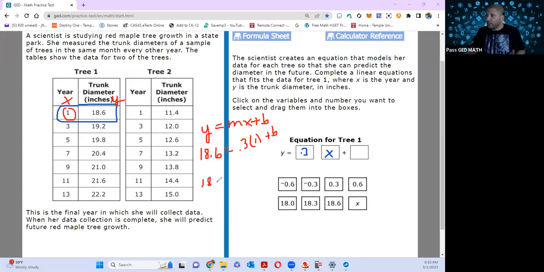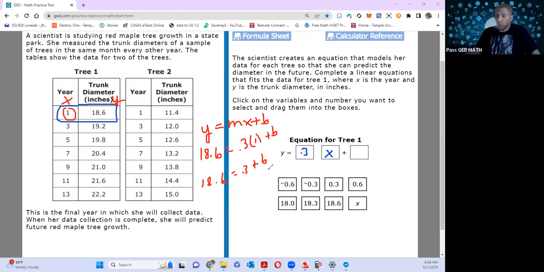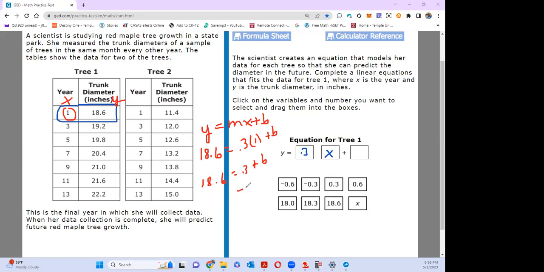So 18.6 equals 0.3 plus b. How can I get the b all by itself? You cannot know the answer before; you have to walk through the steps.